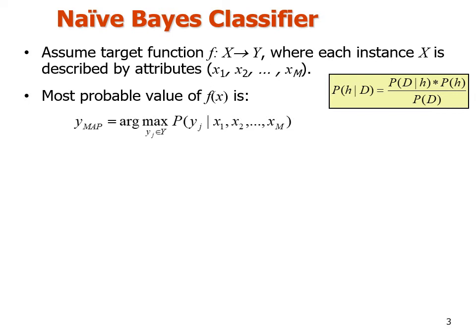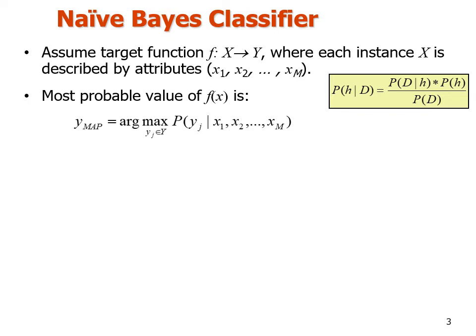Now let us rewrite this Bayes theorem using the notations that we are using in the present example. Here our hypothesis is nothing but y, which gives us the target label, and our data is the instance, that is x.